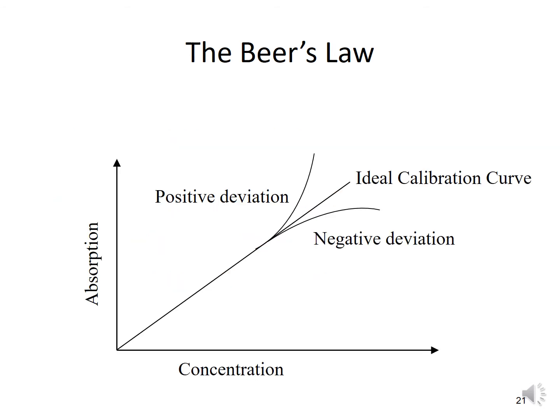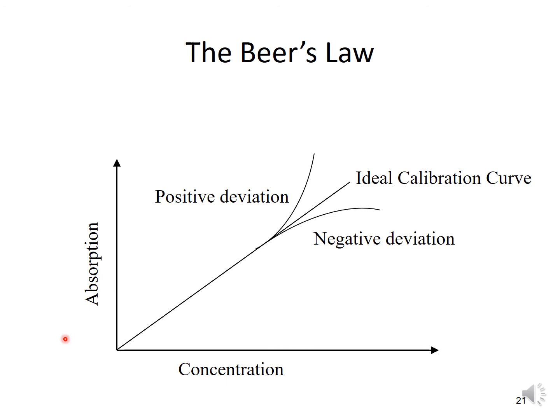So this is the deviation that I mentioned just now. By the time you want to prepare the calibration curve, there will be a positive deviation and also a negative deviation. So this is a common problem, since at certain concentration values, the ideal calibration curve will not follow the Beer's law.